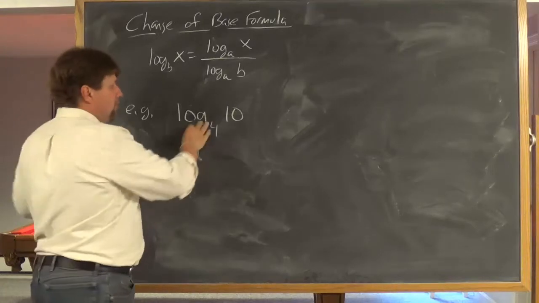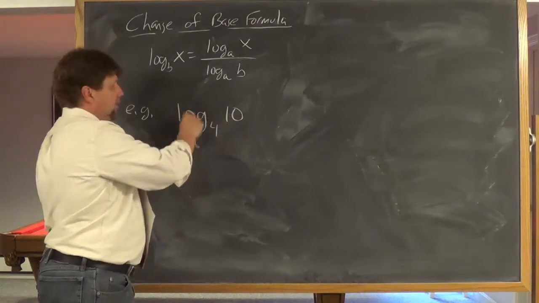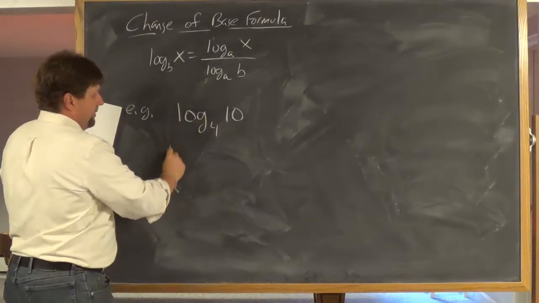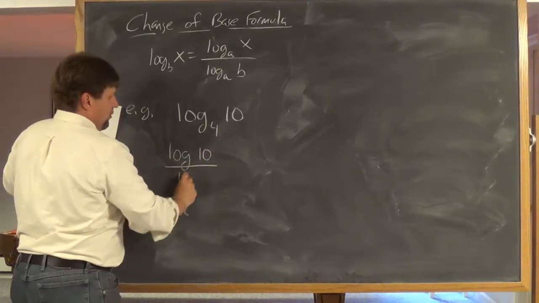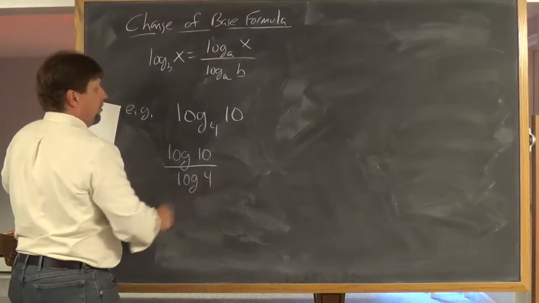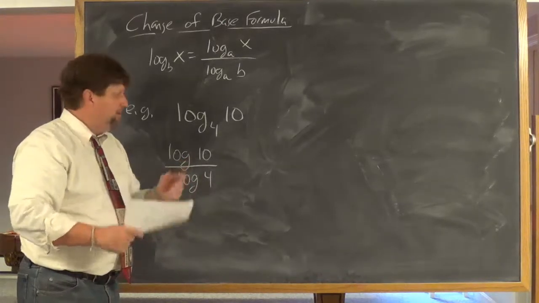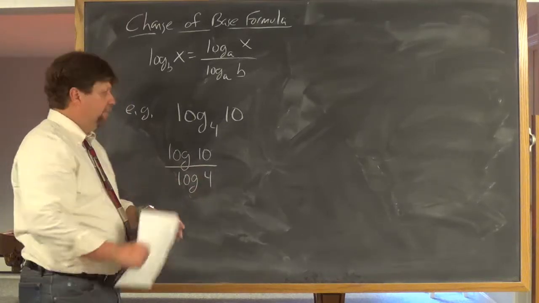So to determine log base 4 of 10, you could rewrite it as log of 10 over the log of 4. Here I'm picking the base to be 10, because I see that's one of my buttons on the calculator.